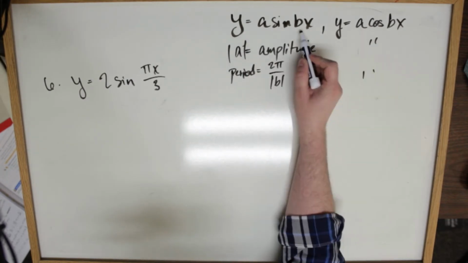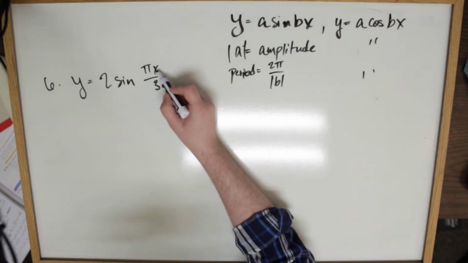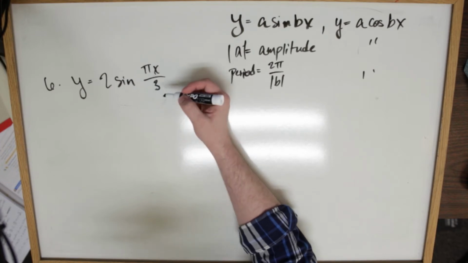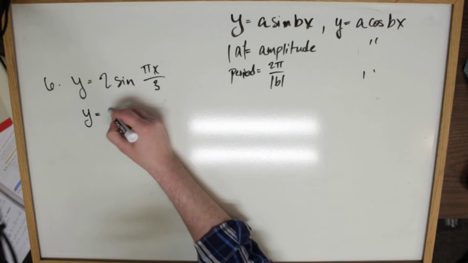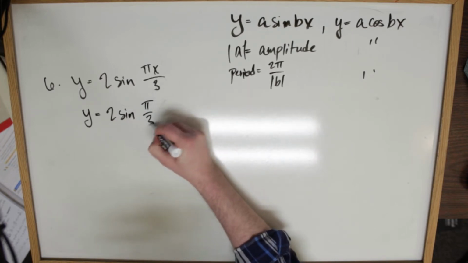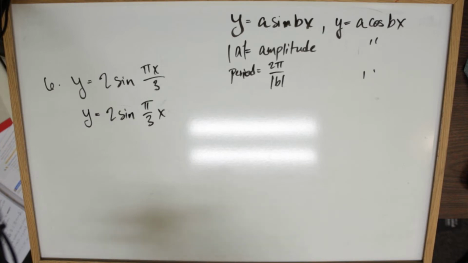So you can see how it's b times x. Here I've got the x in the numerator, but pi over 3 is just a coefficient. So you can rewrite this if you need to as 2 sine of pi over 3 times x. That way it makes identifying those values for a and b a lot easier.